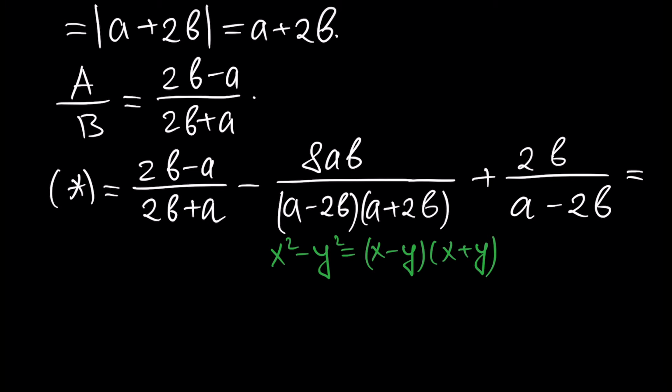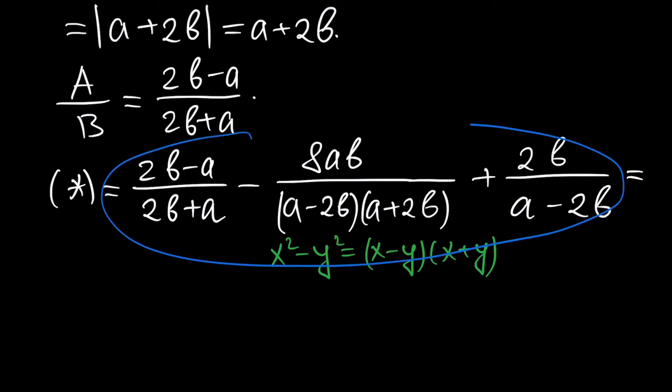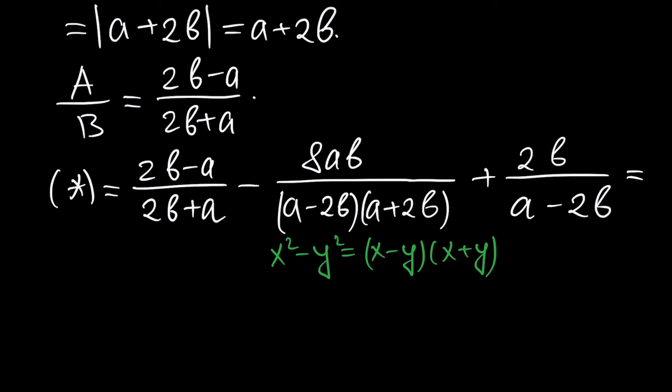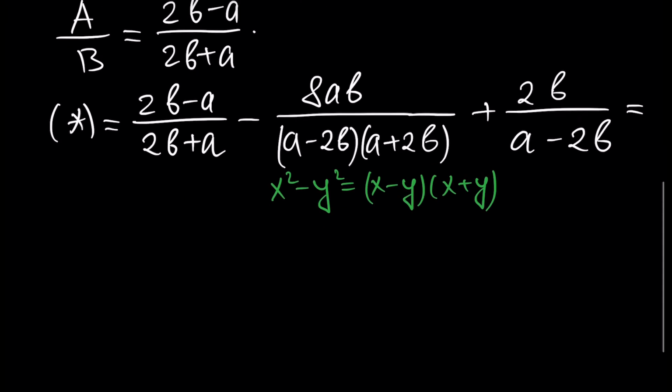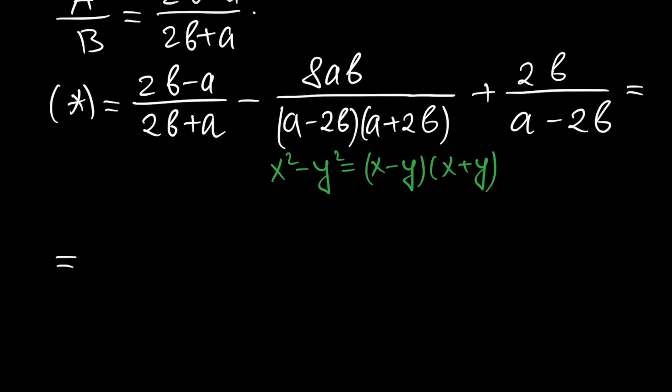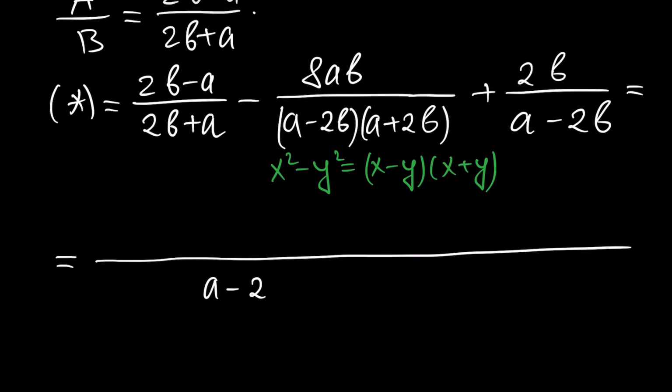Here we have the sum of three algebraic fractions, and using the standard technique, we perform addition, and the common denominator of our total fraction will be a minus 2b times a plus 2b.